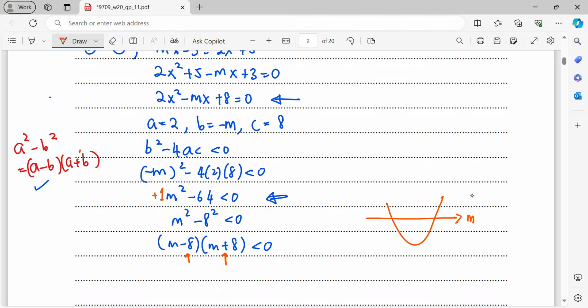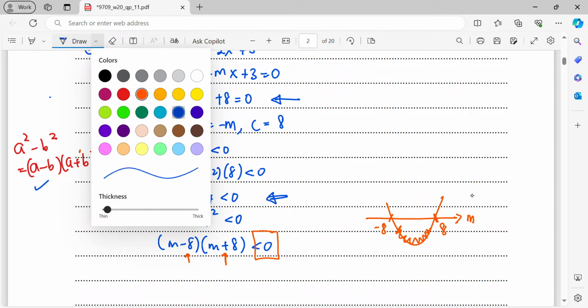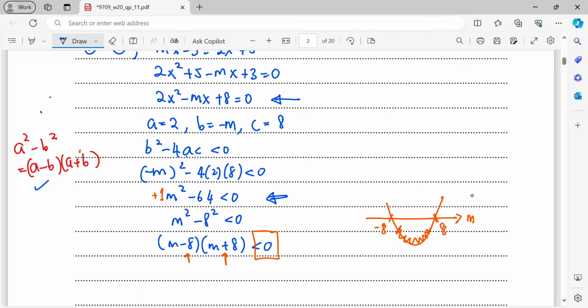So just let m minus 8 be 0, you will get 8. When m plus 8 equals 0, you will get minus 8. Now for the final answer, refer to this inequality sign. Since this is less than 0, that means it will be below the axis. So obviously, from here, I will be getting minus 8 and 8. That is my solution.